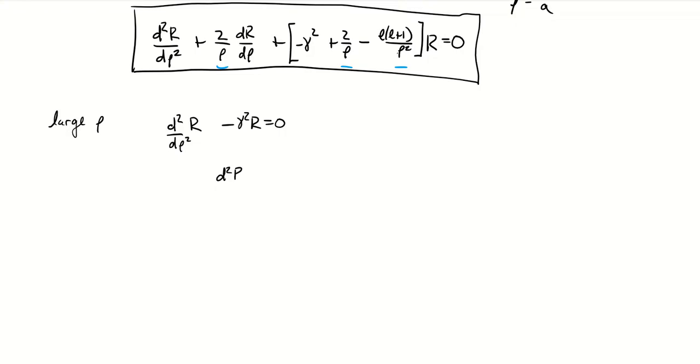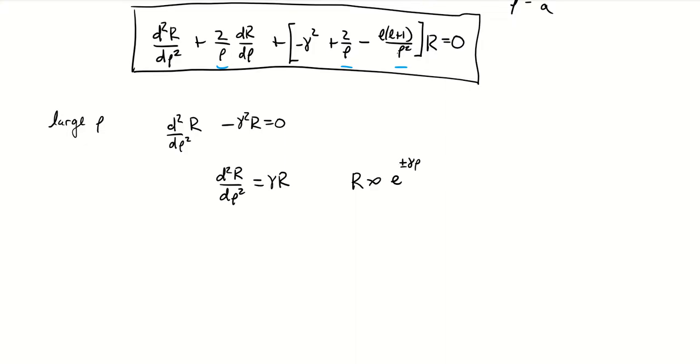This is a pretty straightforward differential equation we've solved. This is just going to be an exponential. R is going to go as e to the plus or minus gamma rho.